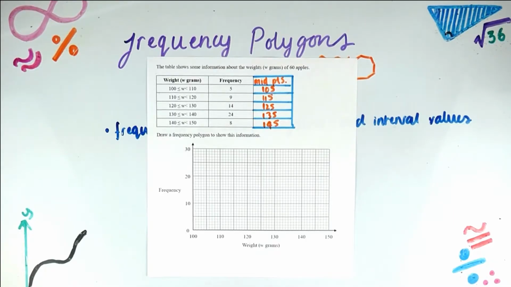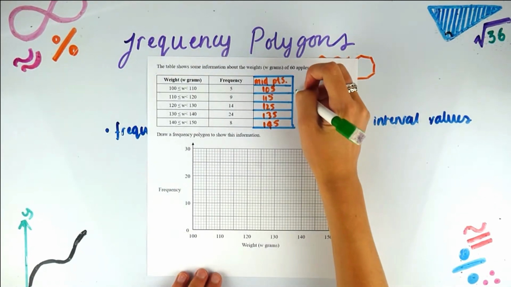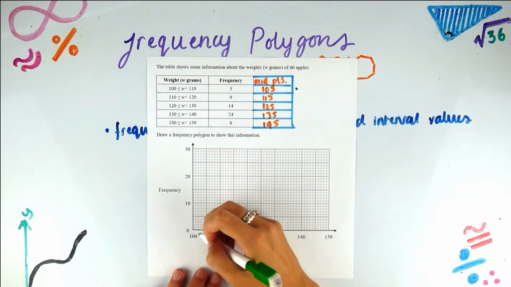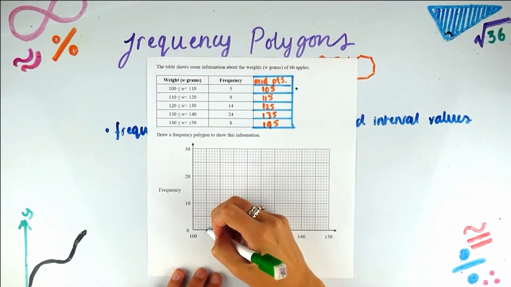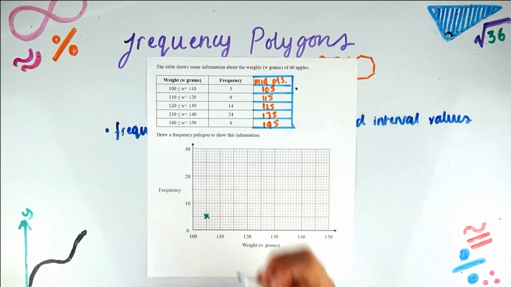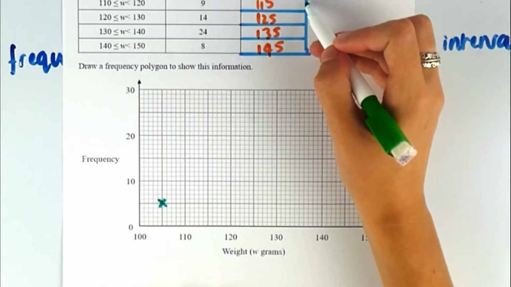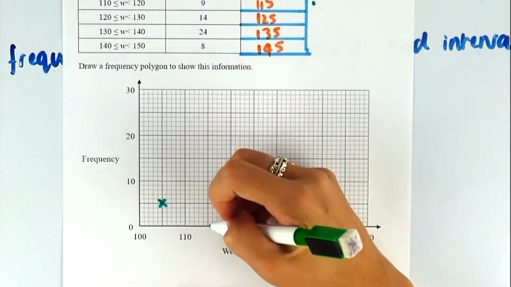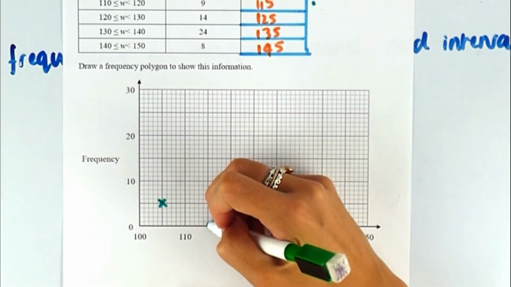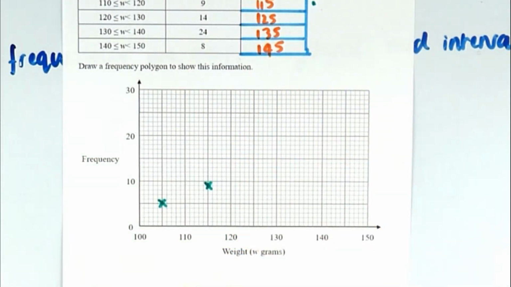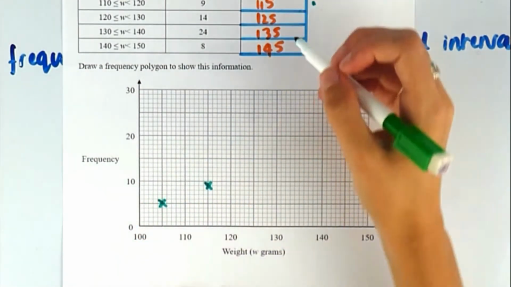So what is the midpoint? The first point we have is 105 in weight, and there were 5 apples at this weight, so up to 5, and do a cross there. That's our first point. Then we take the midpoint of the next one, 115, which is here, and there were 9 apples, so the frequency is 9.